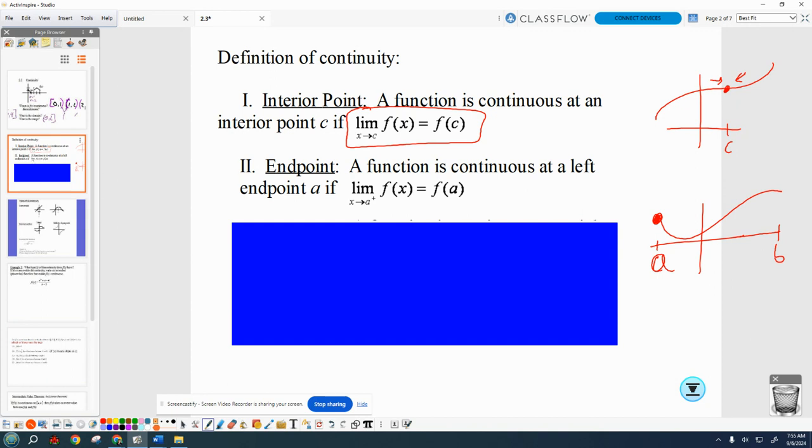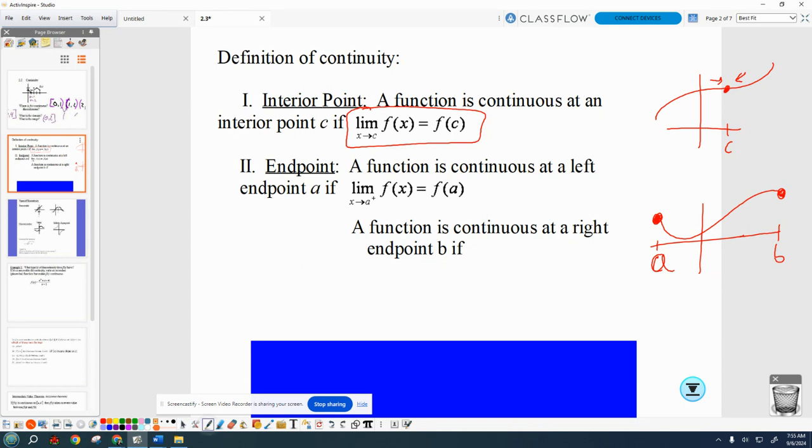Same thing, but coming from the left. It's part of it. All right.